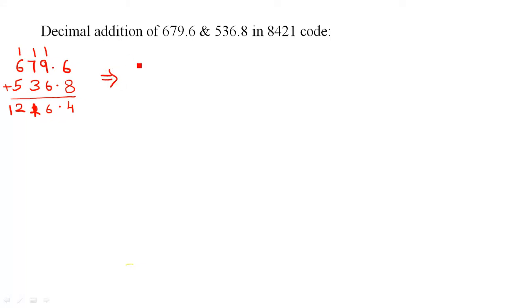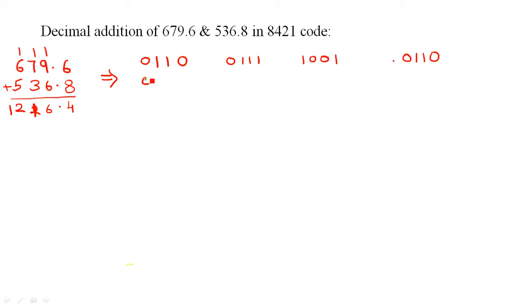So I will write the BCD of 6, 0110. BCD of 7, 0111. BCD of 9, 1001. Remember that we have to give space between two digits. Then the point, then 0110.